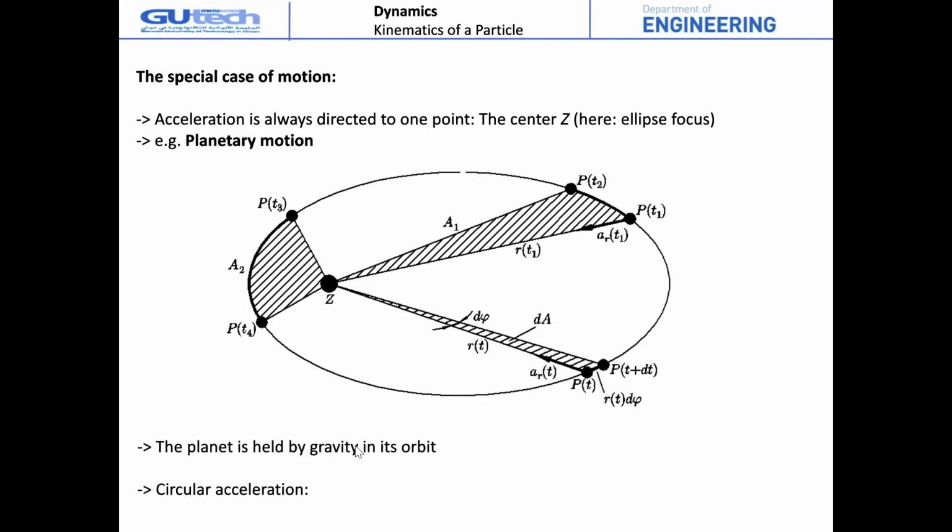The planet is held by gravity in its orbit, and the circumferential acceleration a_phi is r phi double dot plus 2 times r dot phi dot, and this is equal to 0.